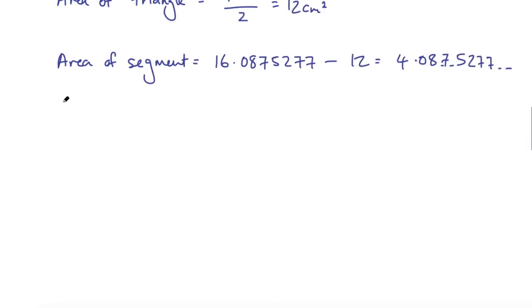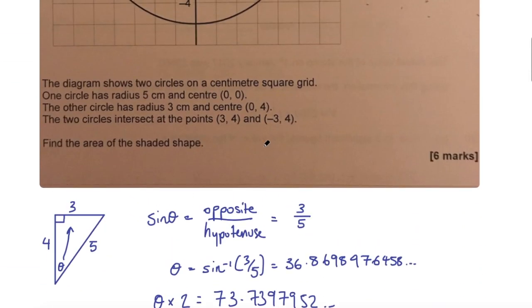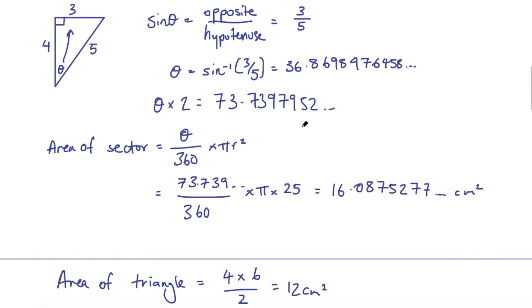So the area of the semicircle will be pi r squared divided by 2. So that's the area of the circle, and we need to divide that by 2 to get the area of half a circle. So now the radius of the smaller circle was 3 centimeters.